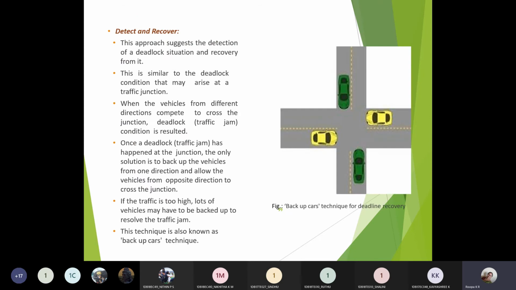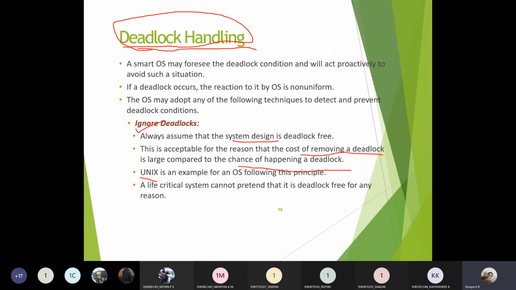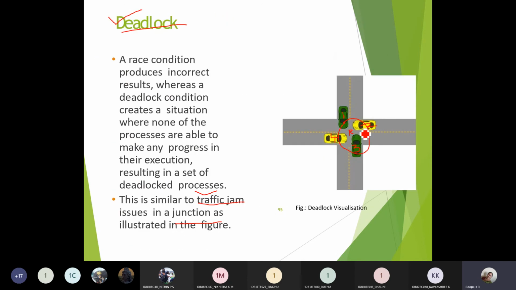If you cannot ignore it, then we need to detect the deadlock and recover from it. So how are we going to detect it? Suppose all the processes you have here want the same particular resource, as explained here. See here, it was asking for the same resource but everything was blocked.